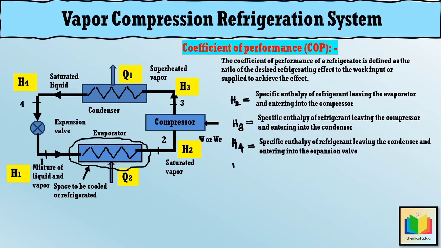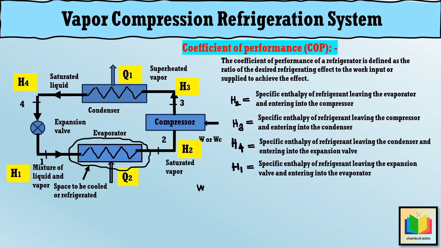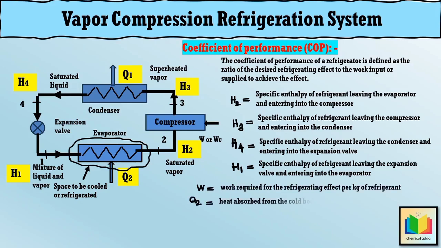Then, H1 is the specific enthalpy of refrigerant leaving the expansion valve and entering the evaporator. Next, W is the work required for the refrigerating effect per kilogram of refrigerant. Next, Q2 is the heat absorbed from the cold body in the evaporator. And Q1 is the heat rejected to the cooling medium in the condenser.